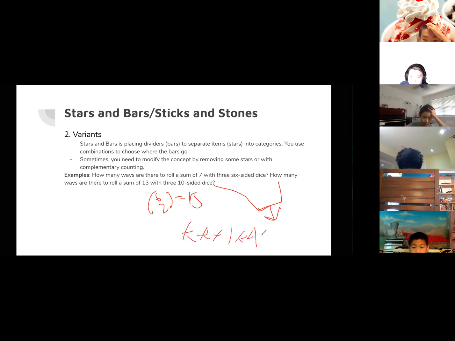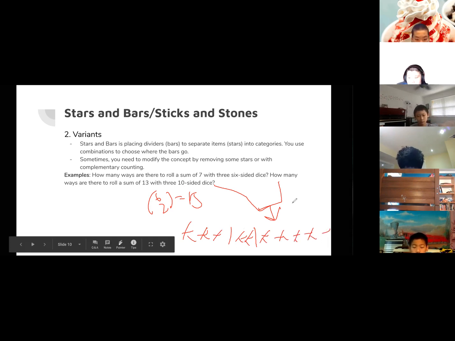For example, you might end up with something like this, which would represent getting a 4, 3, and 6. So this one is just 10 choose 2, right?